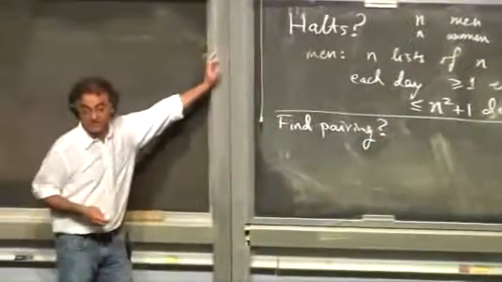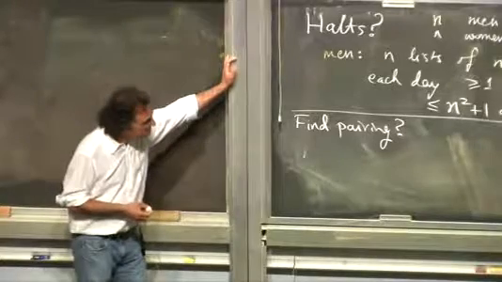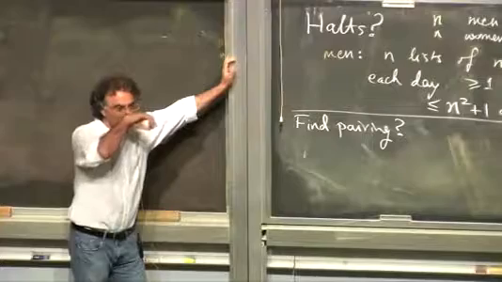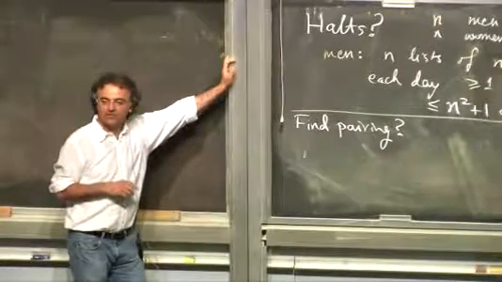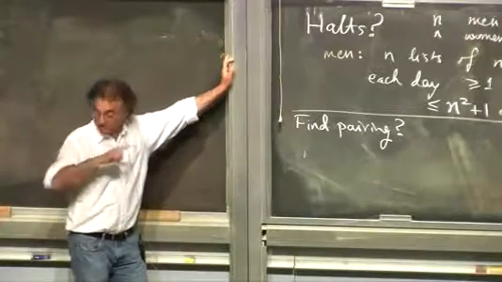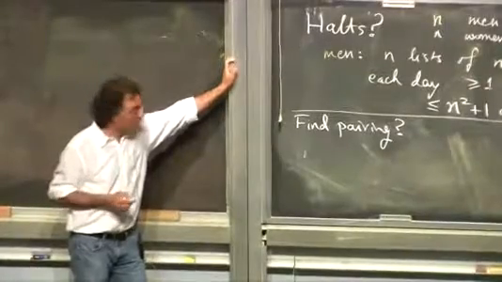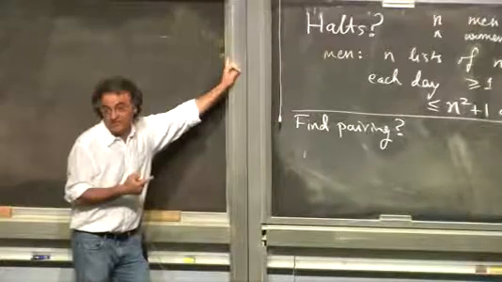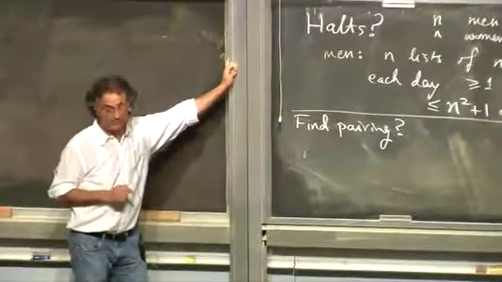Does it always find a pairing, or does it just halt and not find a pairing? Could it ever halt and not find a pairing? Well, maybe. Maybe one of the men runs out of options. He just runs down his list and falls off the end and never finds anybody. So we'll have to show that, in fact, it does always find a pairing. The answer is yes, but it'll take us another move to do that.